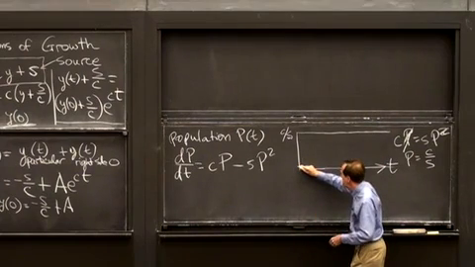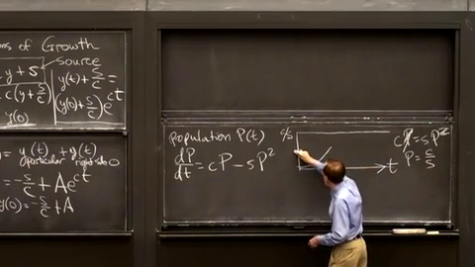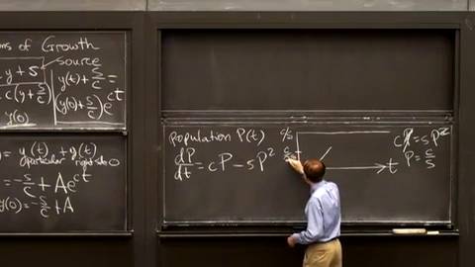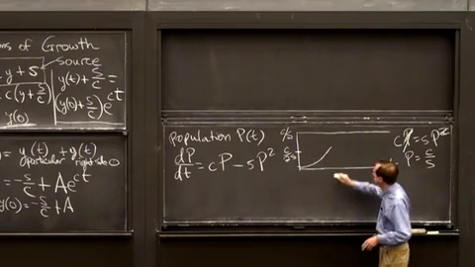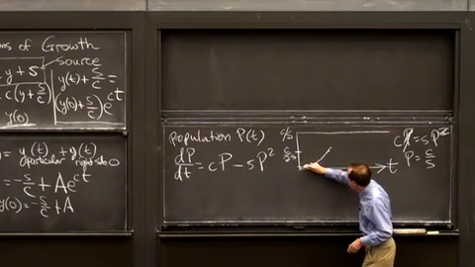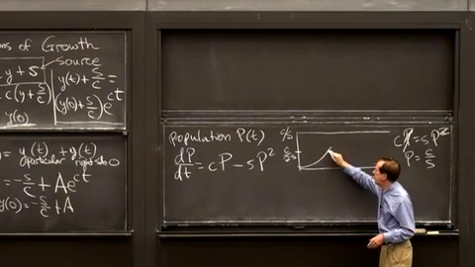It grows, and then at a certain point, and it turns out to be the halfway point, C over 2S, it turns out, it's beautiful calculus, that that's a point of inflection, so that it's not only growing, it's growing faster and faster up to this time.